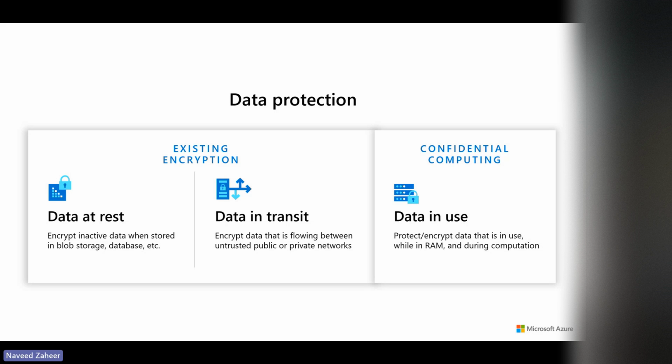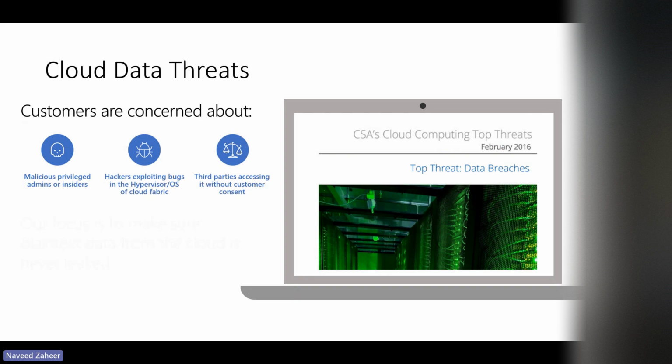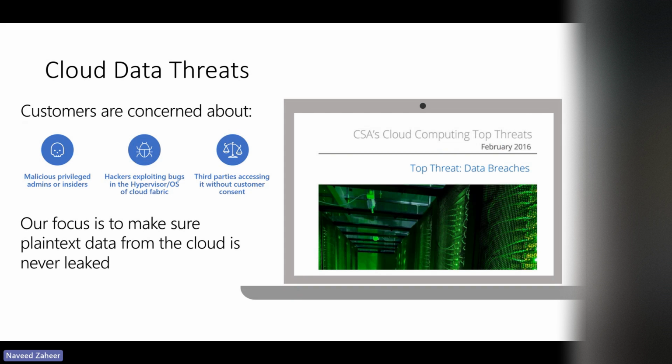So as we move forward, what are some of the threats? As I talked about, you have the privileged admin who may be malicious. They somehow get access, and now they're trying to use this access to get to confidential data. There may be vulnerabilities or bugs, and then there may be third parties who want to access that data in an unauthorized fashion.